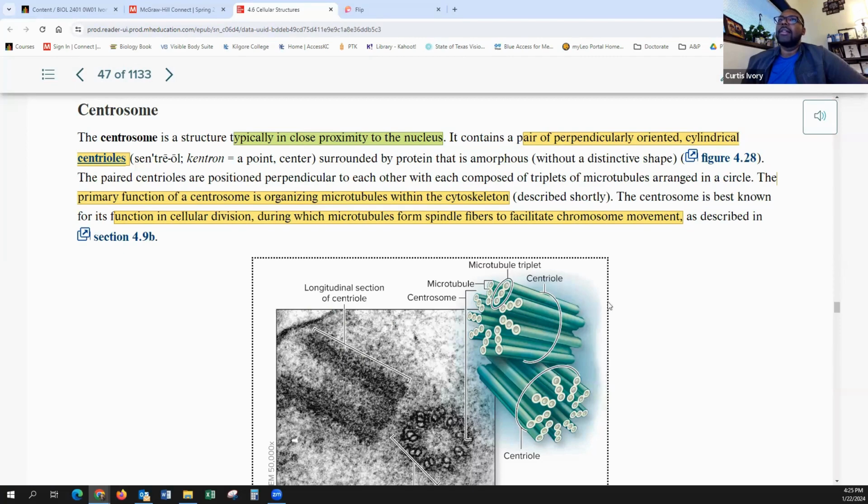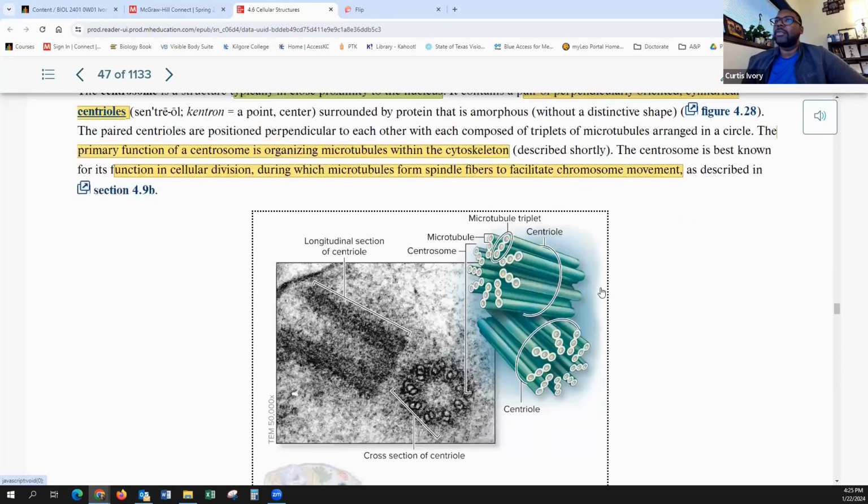Another big role is when the cell is going through mitosis. If you may remember, mitosis is essentially when cells are getting ready to divide, those chromosomes get pulled apart, and then they make new cells. So centrioles have a really big part in that. They are what is responsible for separating those chromosomes.